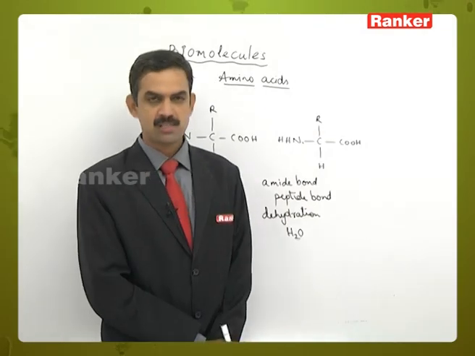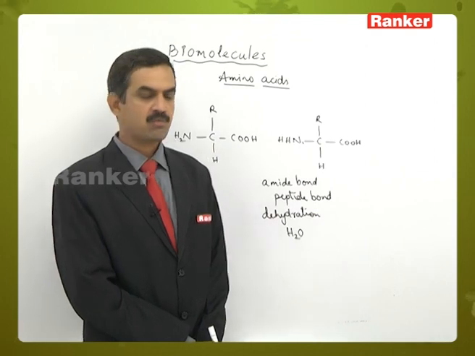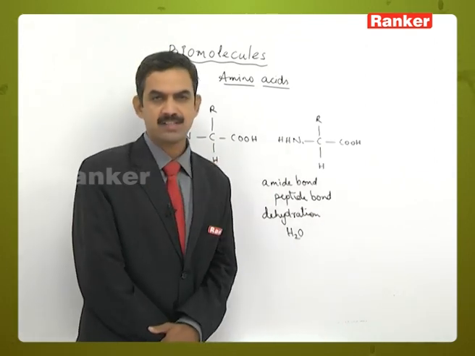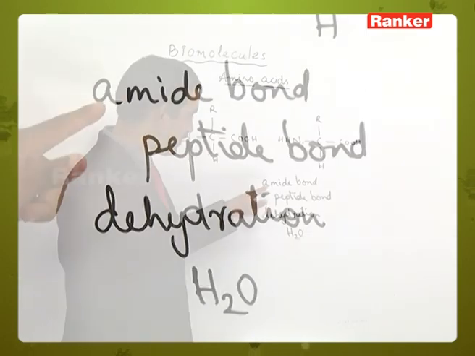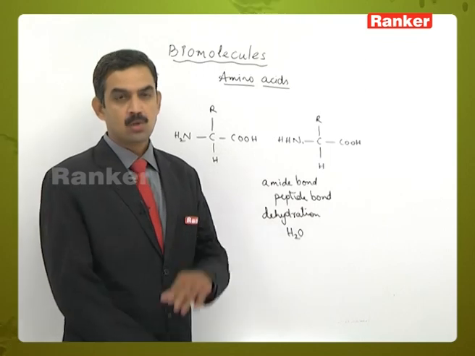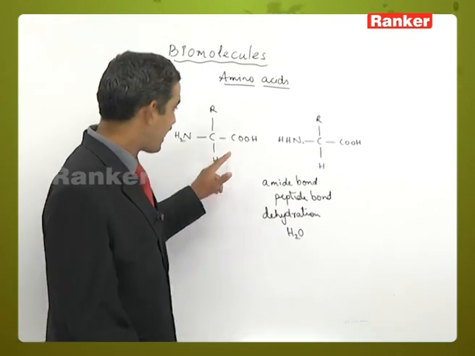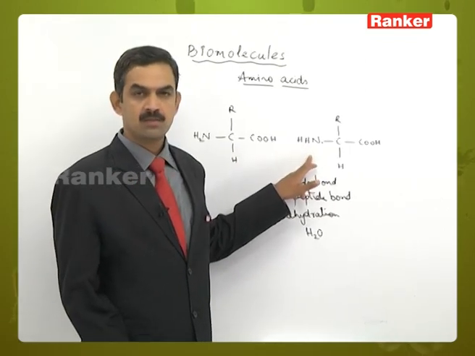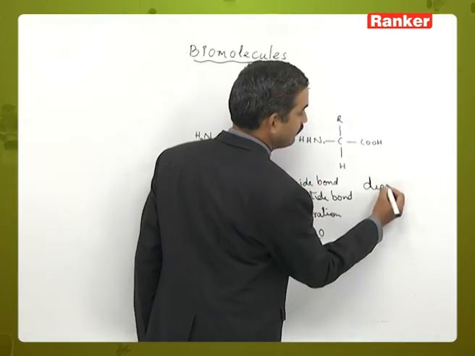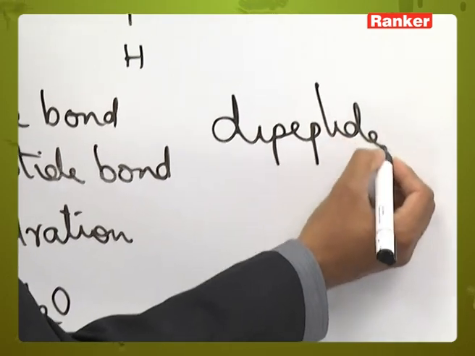So by this process, the peptide bond is formed between the carboxyl group of one amino acid and the amino group of the adjacent amino acid, and this bond is called an amide bond, but popularly it is known as a peptide bond. Likewise, if 2 amino acids are present in a protein chain, we call it a dipeptide.